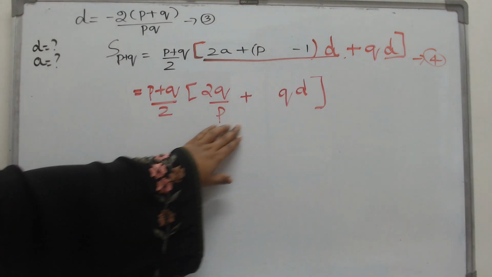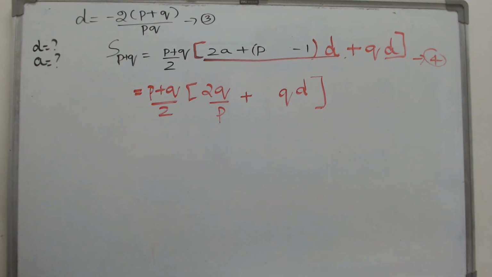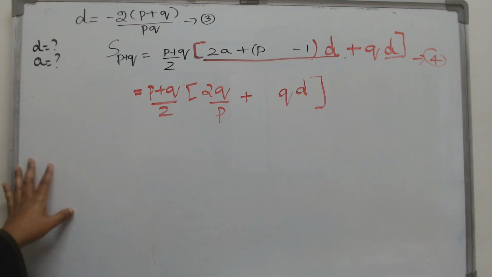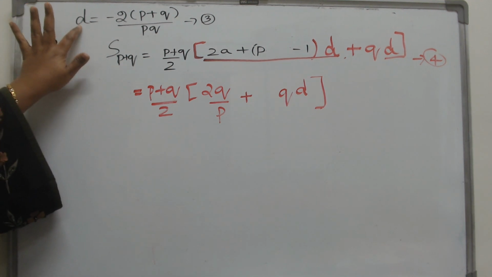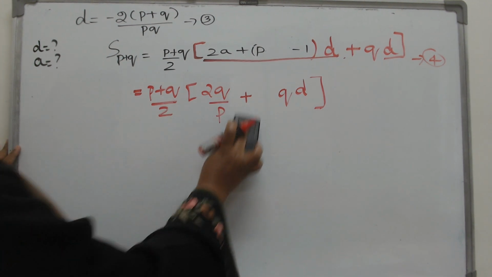So now you have got such a neat equation, but still not good. Why? Because we still have a D. We need an answer only in terms of P and Q and a bunch of other numbers. But that is no problem, right? Because we already know what D is. We will substitute the value of D here. What is the value of D?